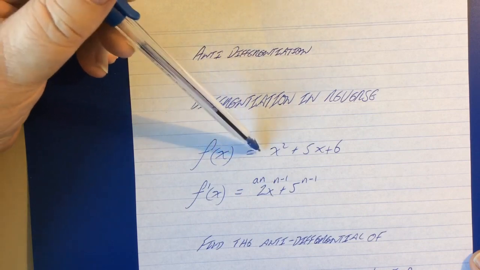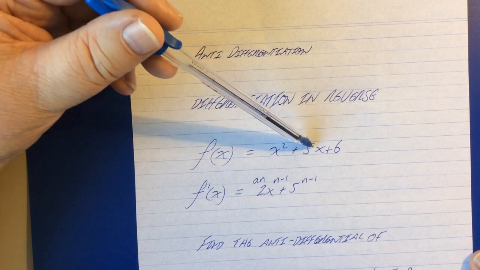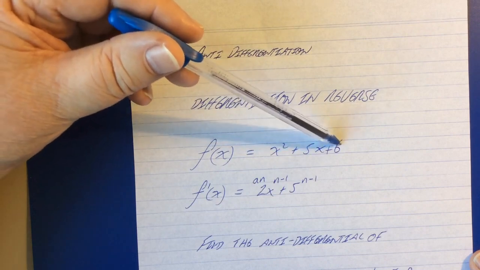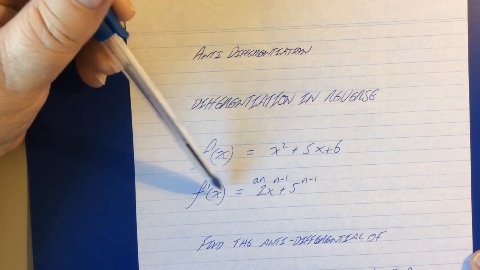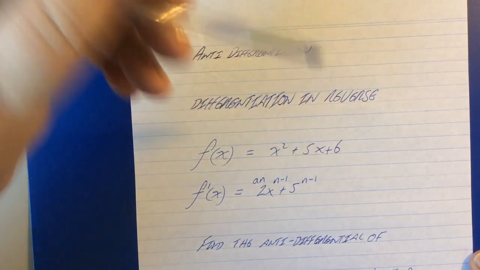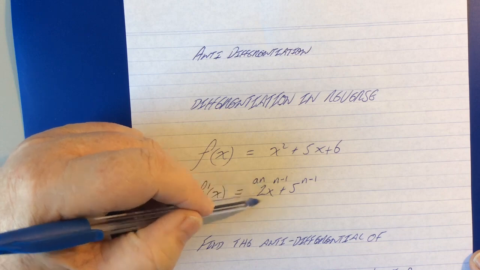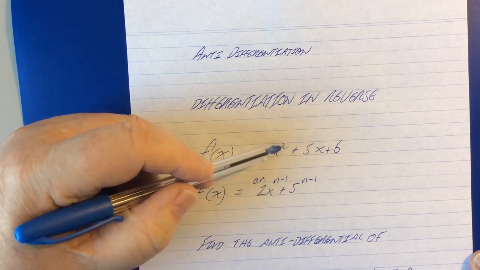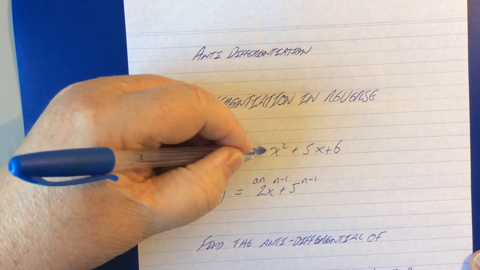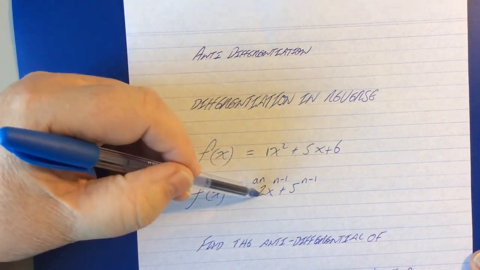If we have an original function, x squared plus 5x plus 6, if we look at its differential, we have the power times the implied coefficient of x squared. So that gives us 2.